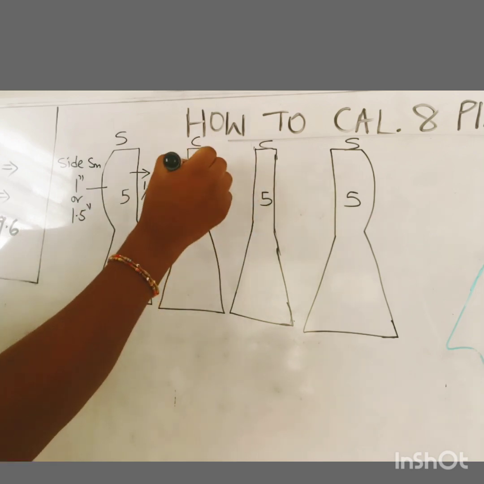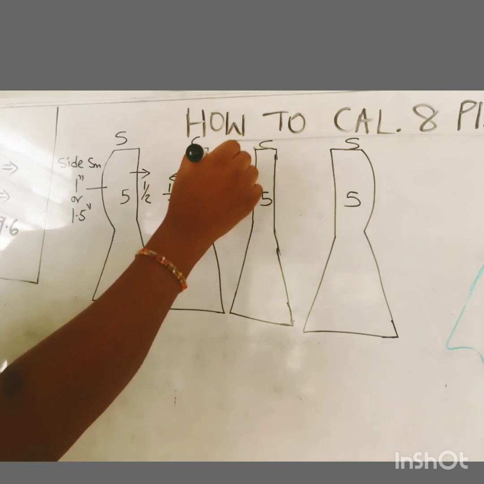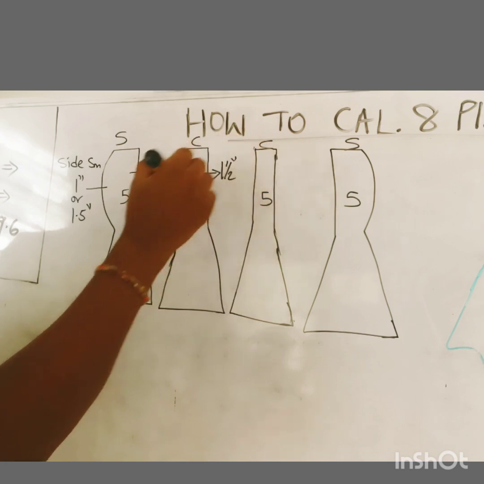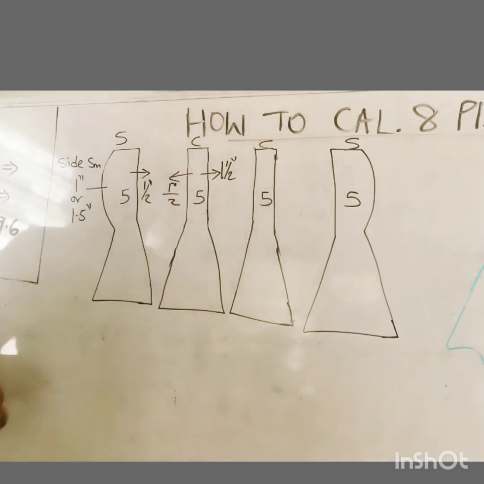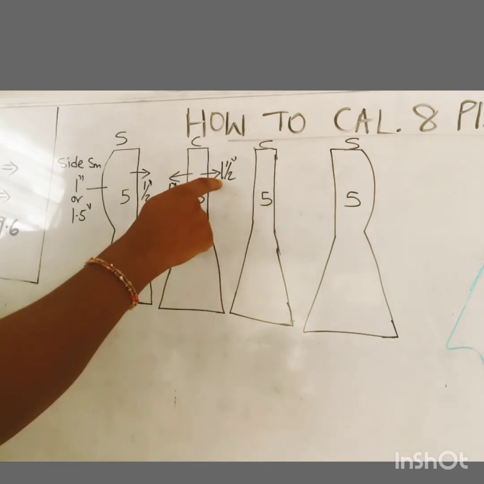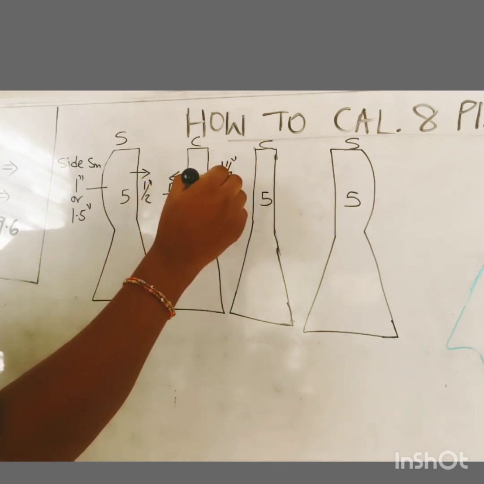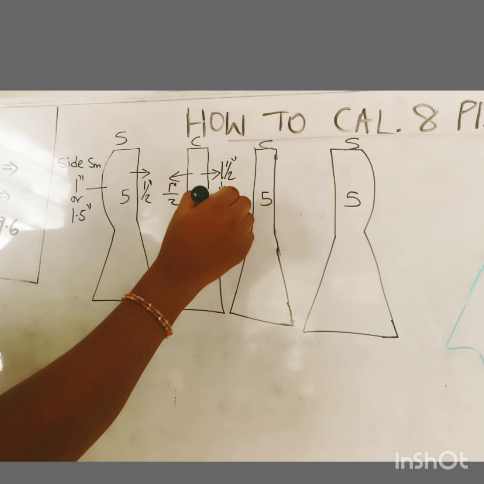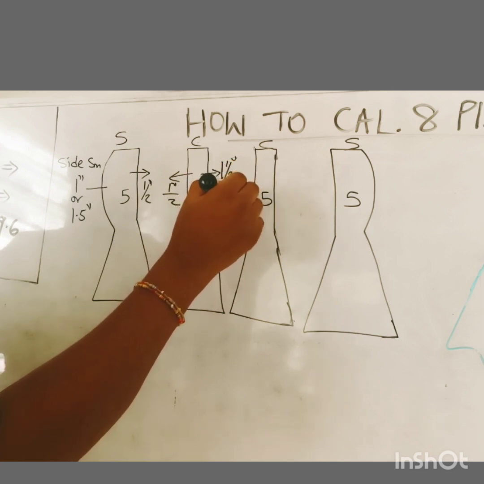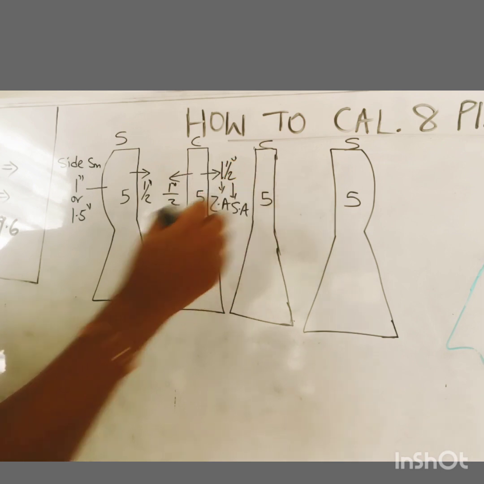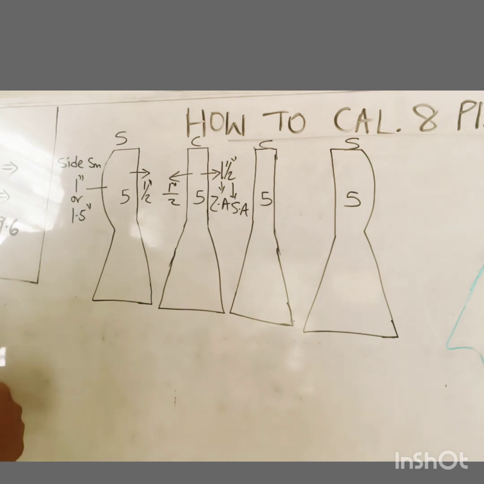Okay, so you need 1.5 inch. The 1 inch is the zipper allowance, while the 1/2 inch is the seam allowance that you are going to use to join these two together.